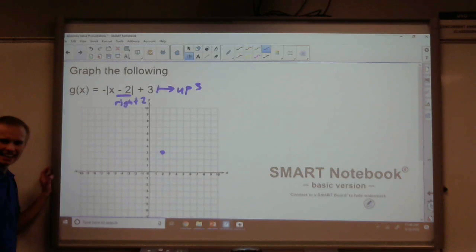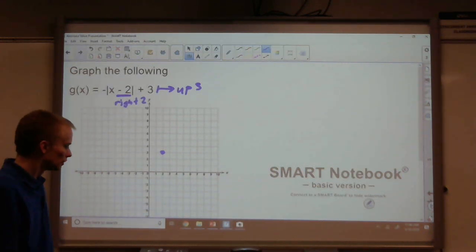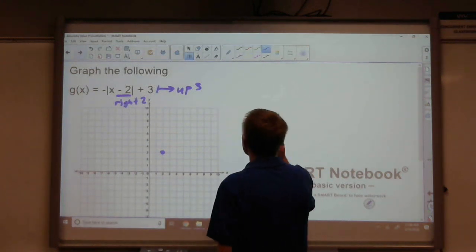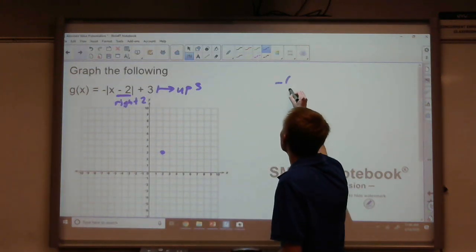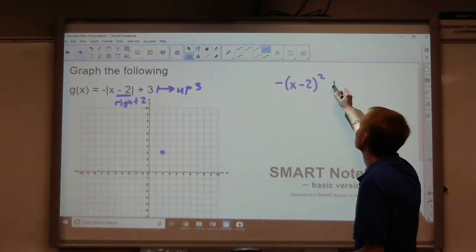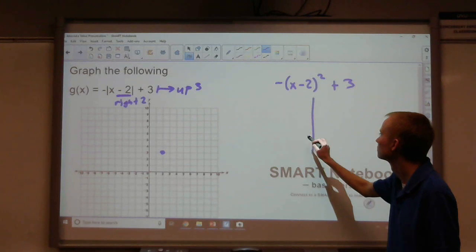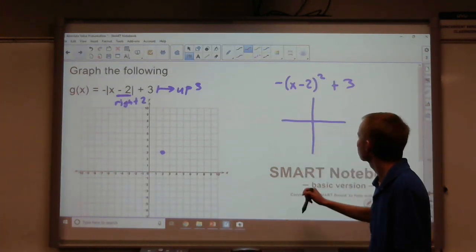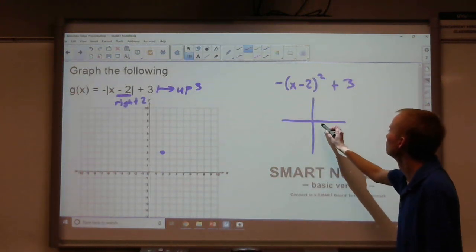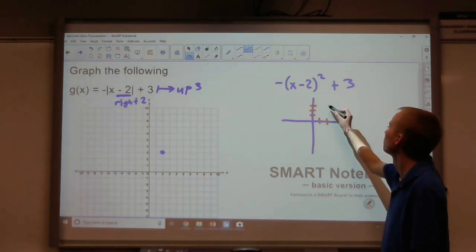But then what does that negative do in front? Do you remember, if I had a negative in front of my quadratics, what did it do? Well, I still moved to the right 2, and then up 3 with this one.